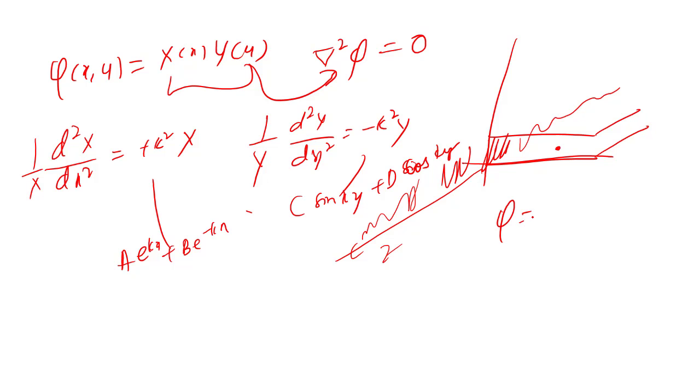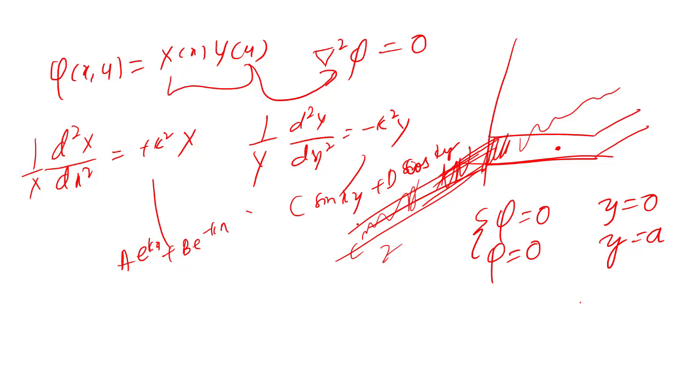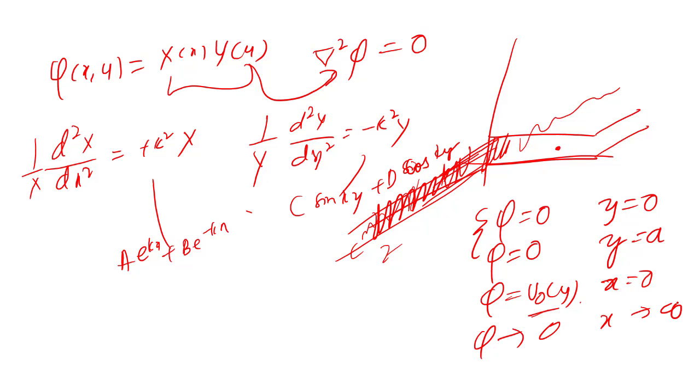This is because the strip is insulated from the plates. Then phi equal to V0 of y when x equals 0, that is the potential of the strip itself. And phi should go to 0 as x goes to infinity as you go away. So these were the boundary conditions on y, and these are the boundary conditions on x.